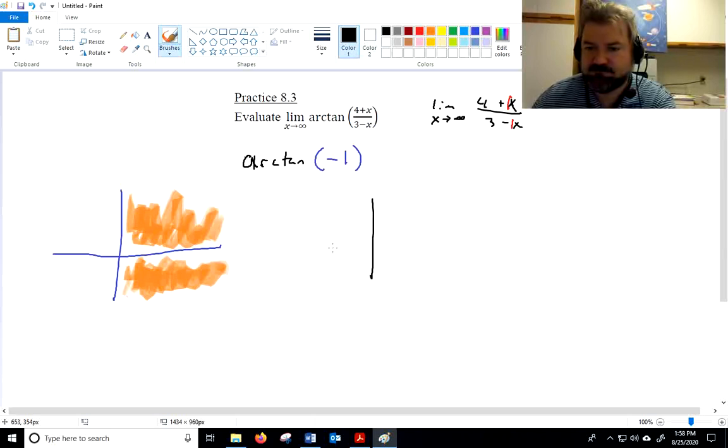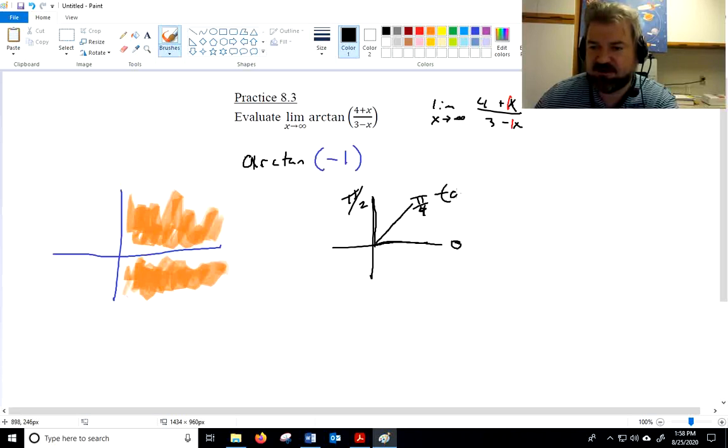Well, we know that tangent in the first quadrant, maybe you haven't memorized, at 0 is 0 because it's sine over cosine. Sine of 0 is 0, cosine of 0 is 1. This one here at pi over 2, it's not even in the range, but that's undefined there. Right here in the middle at pi over 4, that's where the sine and cosine are the same. So they're both the square root of 2 over 2.